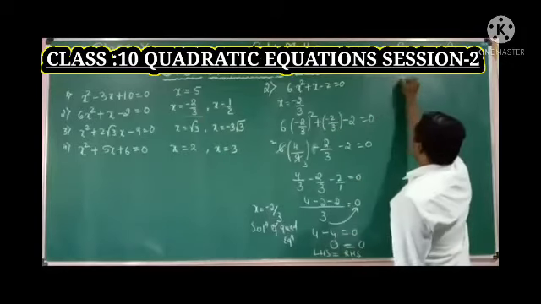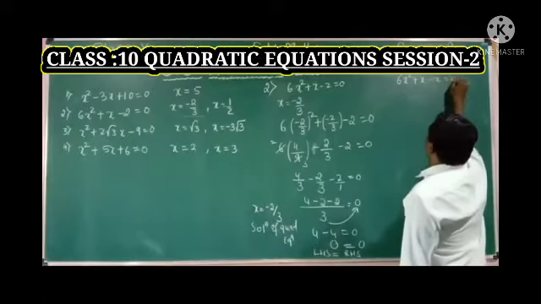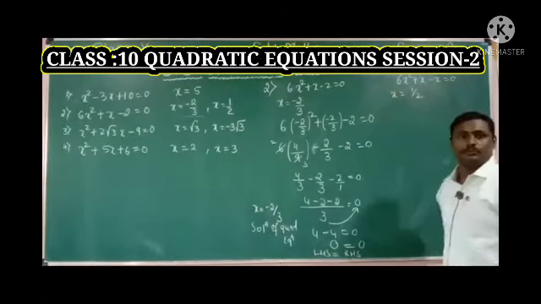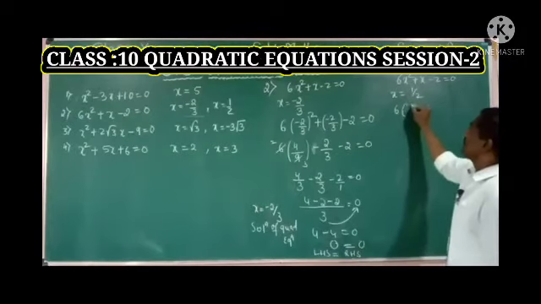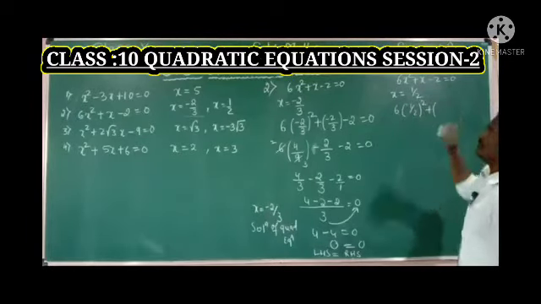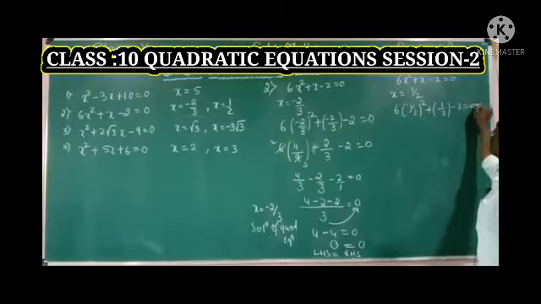Okay. So consider the same equation 6x square plus x minus 2 is equal to 0, where the x value is 1 by 2. 6 into 1 by 2 whole square, plus 1 by 2, minus 2 is equal to 0.